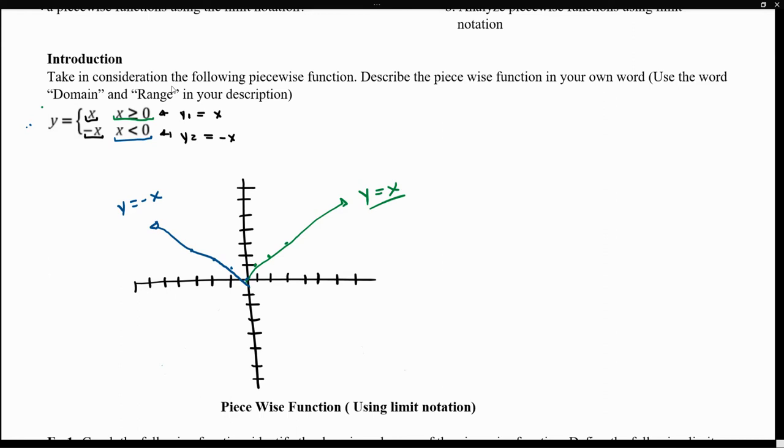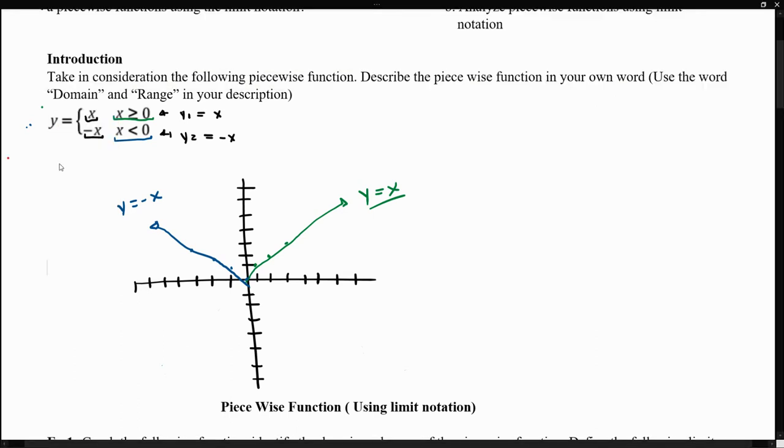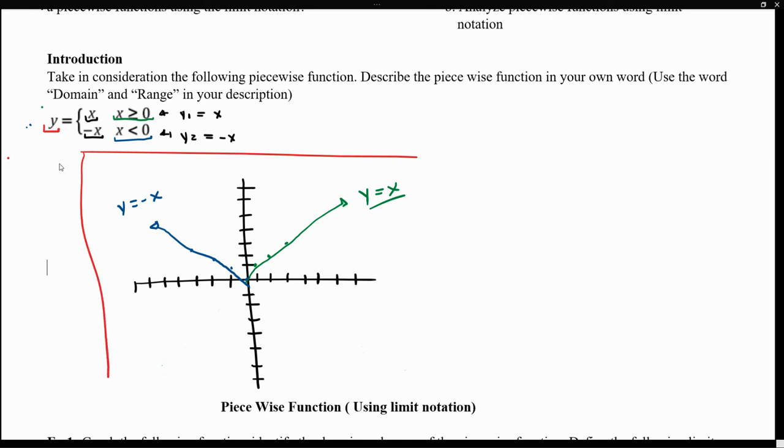Because here we have a function defined as y equals x, where we're only using those values that are greater than 0. And here we have a function y equals negative x, and we're only using the values that are less than 0. So now the whole picture that we have here is the interpretation of the overall piecewise function, which is what we wanted.